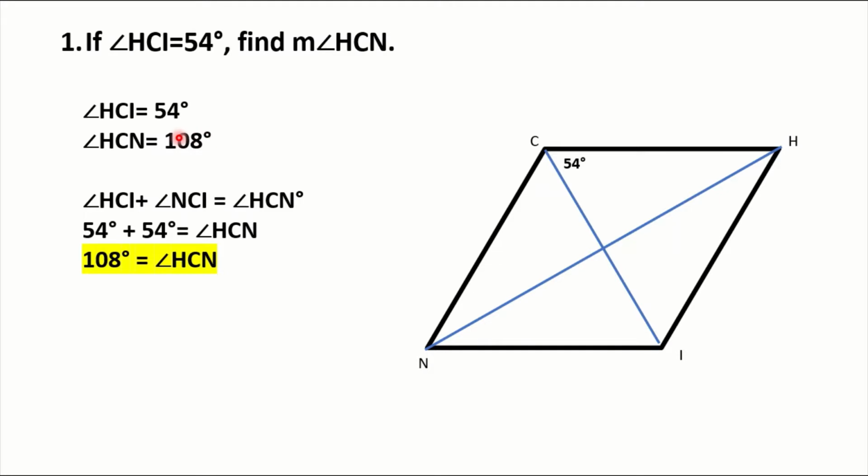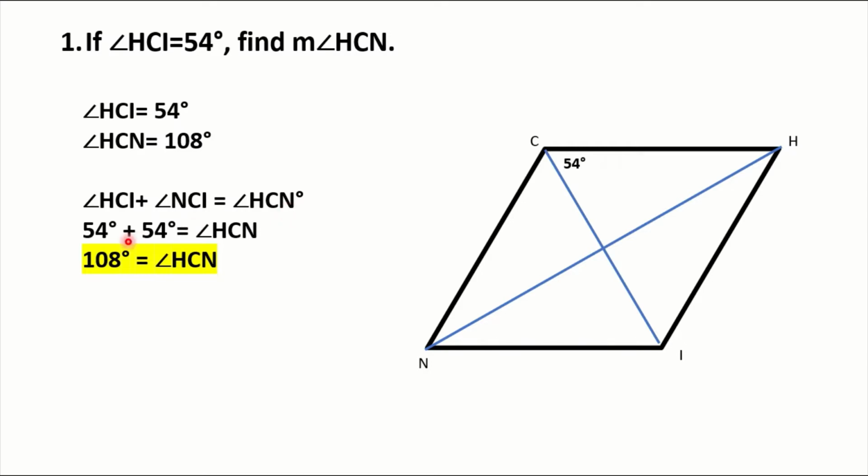So, HCI is 54 and HCN is 108. Paano natin nakuha na 108 yung buo nito? Itong buong angle na to. HCI plus NCI, ito po yung NCI, and this is the angle, is equal to HCN, yung buong angle.